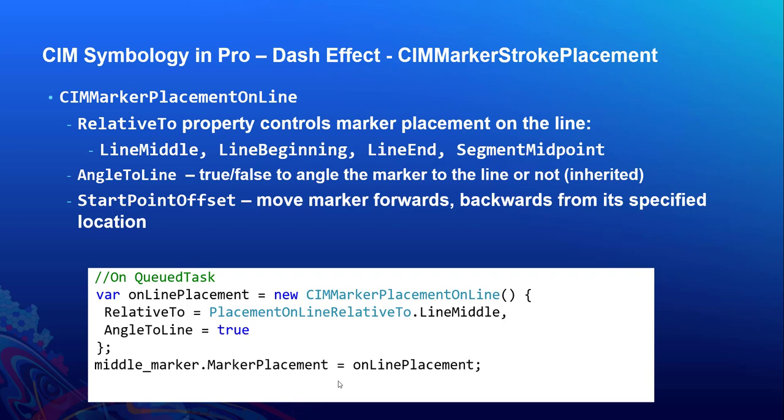So wherever the marker is located on the line, you can move it forwards or backwards from whatever is in that specified location. In the code example, I'm showing instantiating a CIM marker placement on line. In this particular case, I want my marker placed at the line middle, and I want it angled to line.